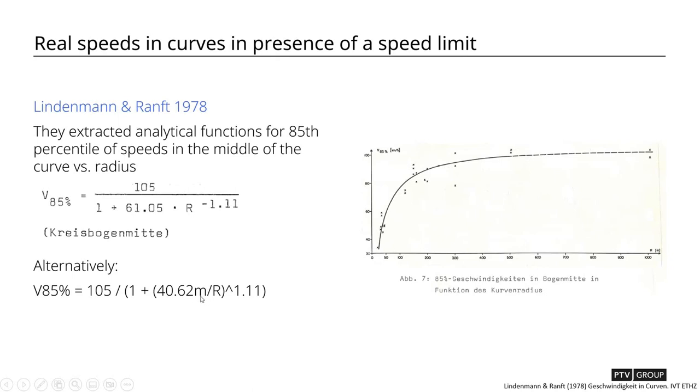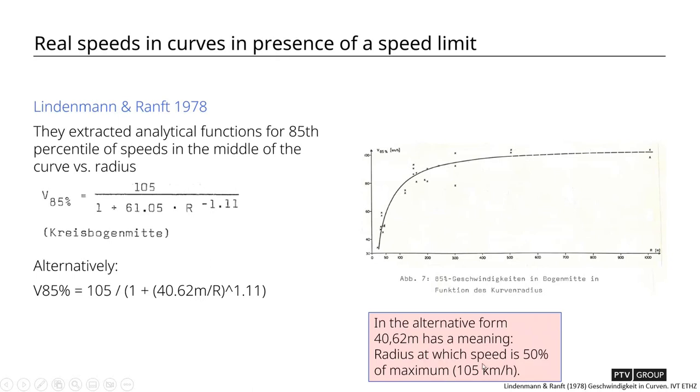And in this way, this constant has a good unit, namely meters, instead of meters to the 1.11, which doesn't make a lot of sense. And it has a meaning, namely that at a radius of 40.6 meters, the speed is half of this maximum speed of 105, because then we have 1 plus 1 in the denominator.